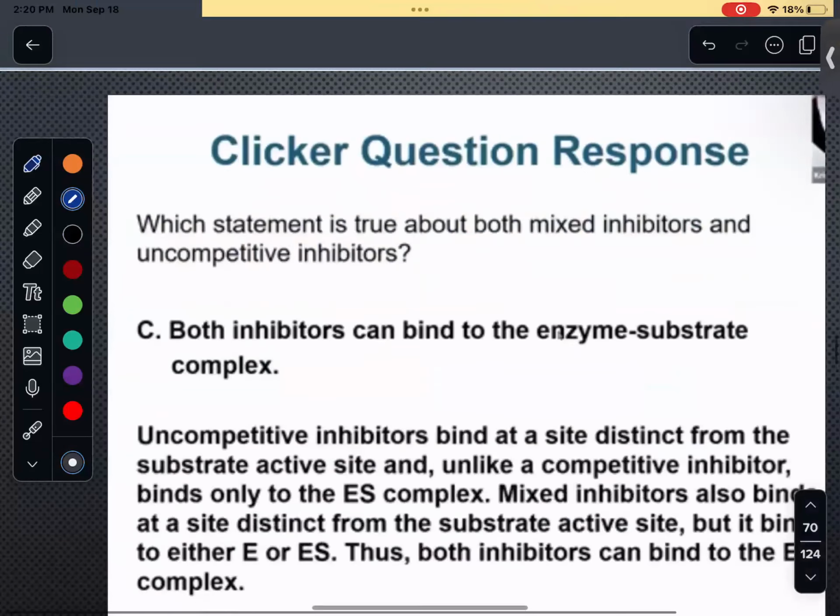Now in mixed inhibition, we said we'd see both alpha and alpha prime, but that doesn't necessarily mean that they're equal. In fact, they're not equal unless they're non-competitive inhibitors, in which case they would be equal.